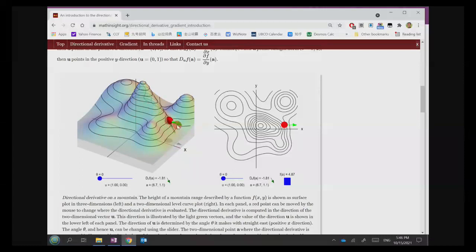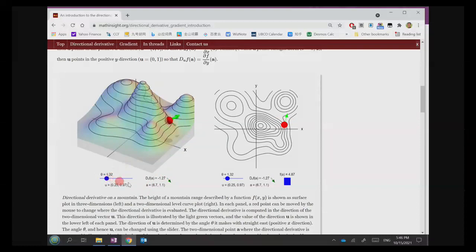The green vector represents the direction, basically U hat. At this location, you can move around to any direction you want, and the bottom gives you the calculated directional derivative at the direction given by the green vector.